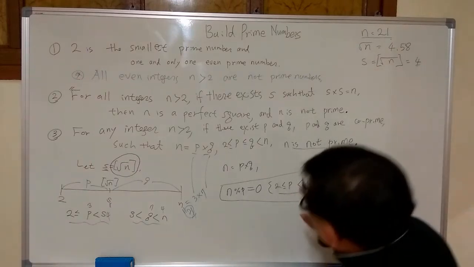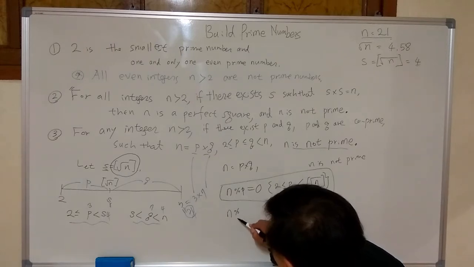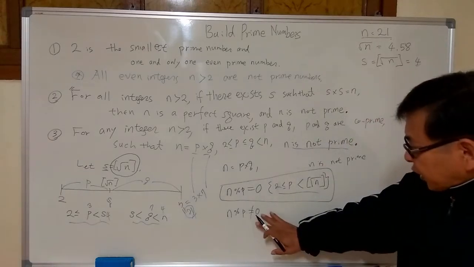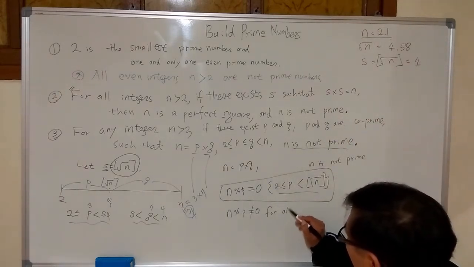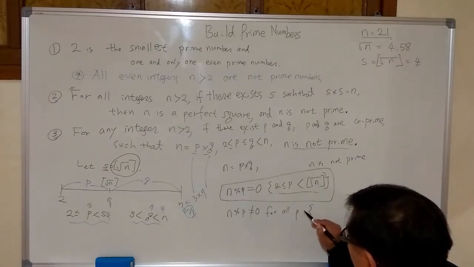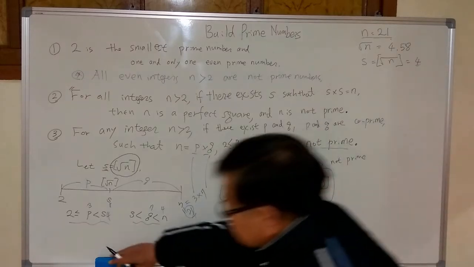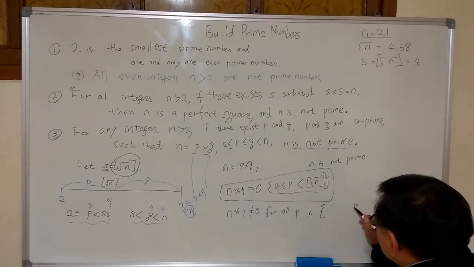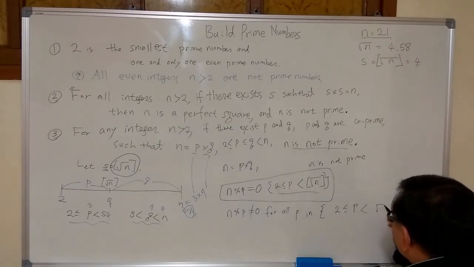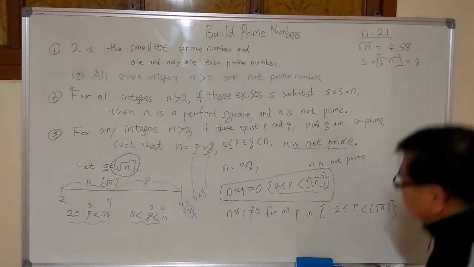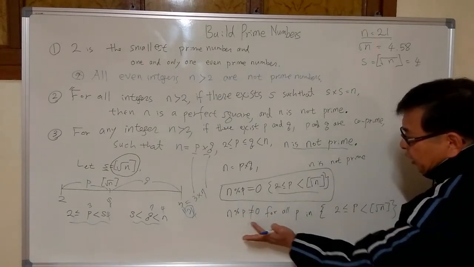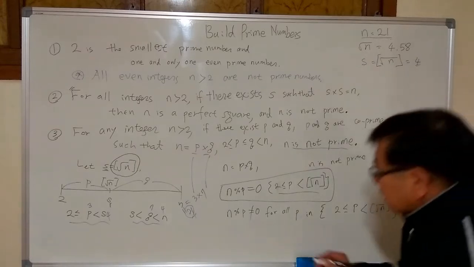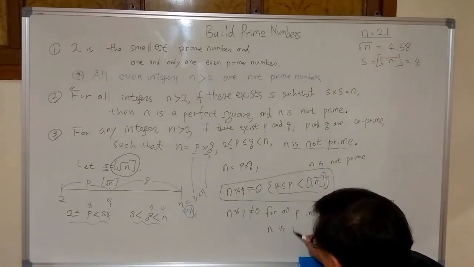In other words, if n modulo P is not zero for all P in the range 2 to square root n, then n is prime.